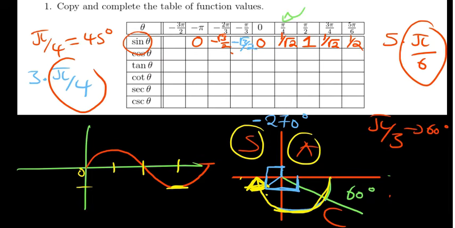If you say sine of negative 270, so this one is negative. Sine of negative 270 is expected to be a positive result.